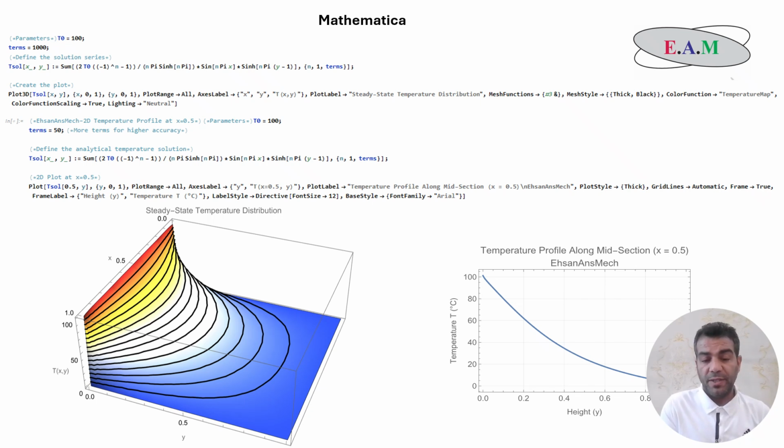The 2D and 3D plots are then used to visualize the temperature over the unit square domain. As seen in the plot, the temperature decreases from the bottom, where it's fixed at T0, and approaches zero at the top and side boundaries, as expected from the boundary conditions.